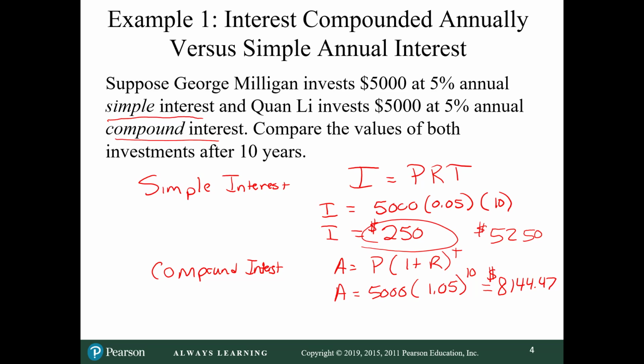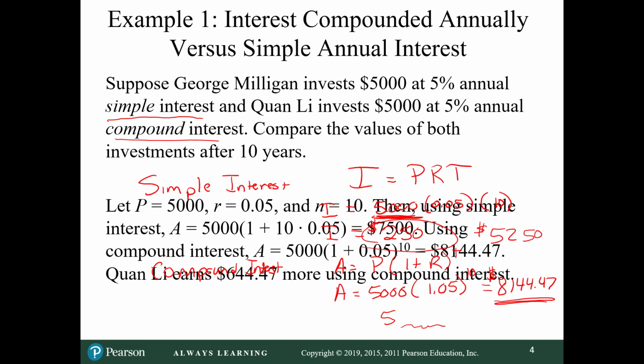Obviously, compound interest. After the first year, you're going to have 5,000 plus interest in there. But here, you're only taking the interest off the original $5,000 and calling it good. So with compound, every year, you get more interest.